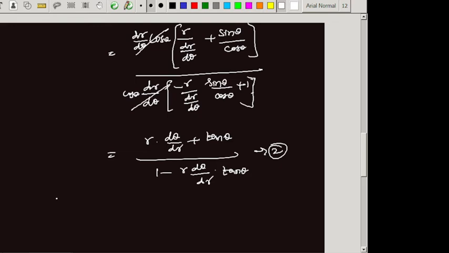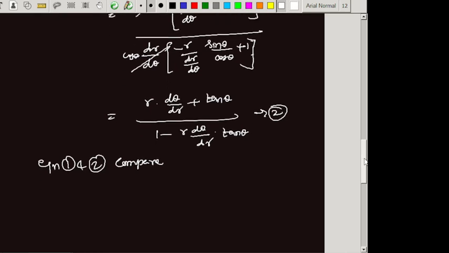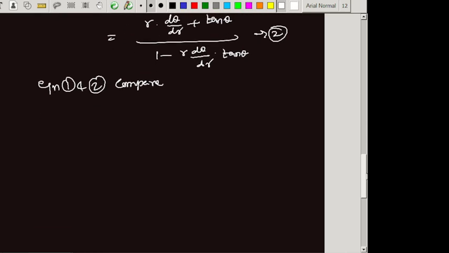If we compare equation 1 and 2, then we can write tan φ equal to r into dθ/dr.